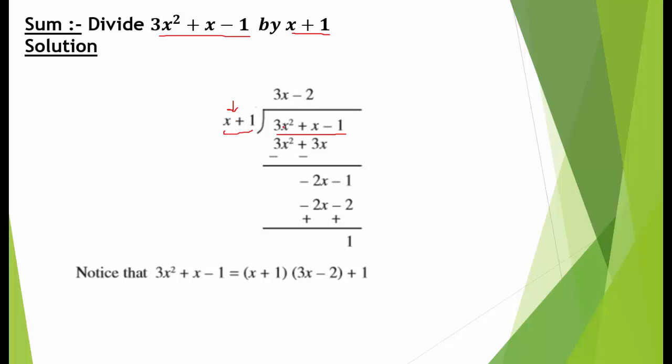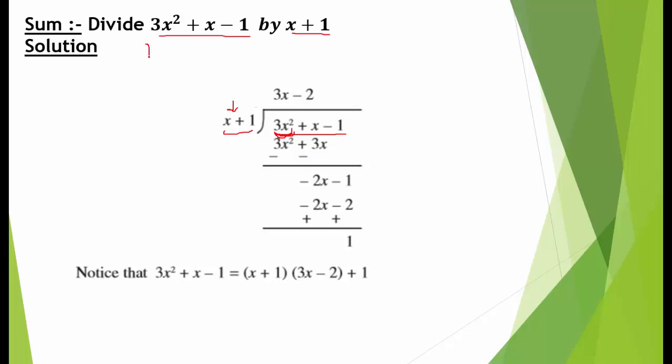First try to make this term, the first term, that is 3x square. Students, this is already arranged in the decreasing order of their power. If this is not arranged in decreasing order of power, then first you will arrange it.